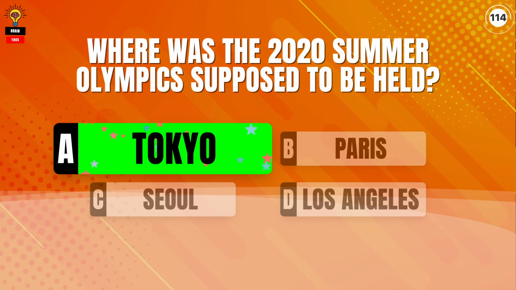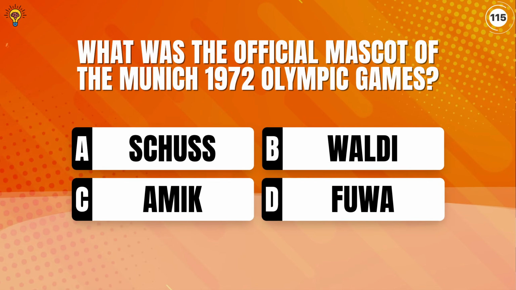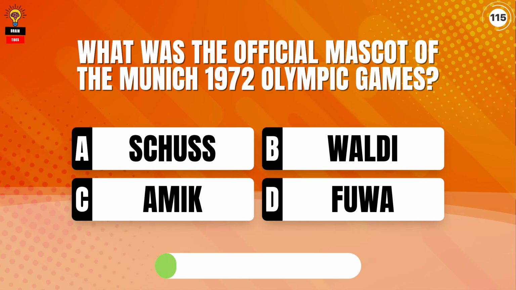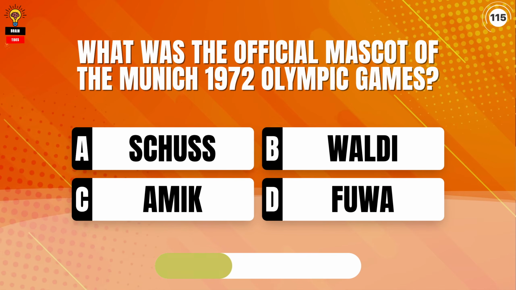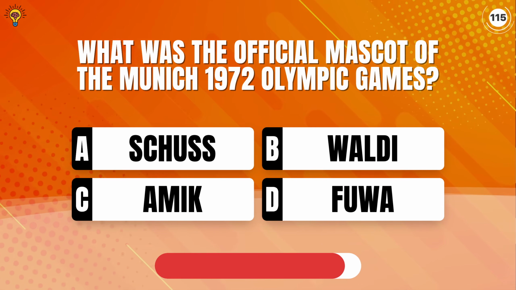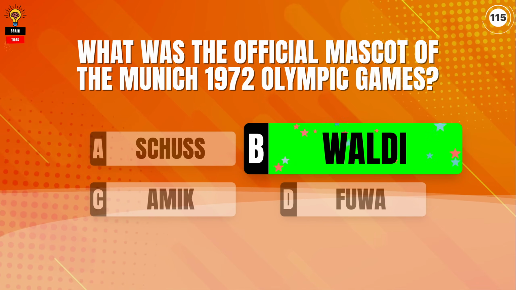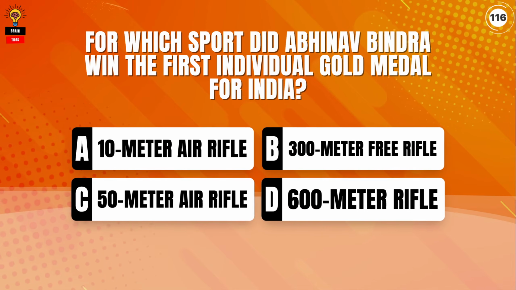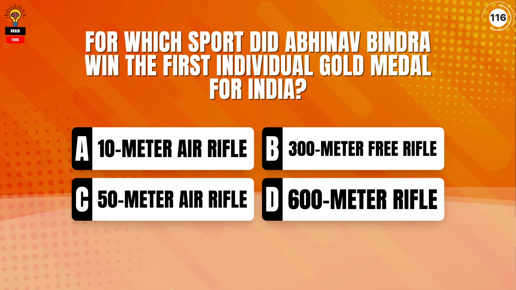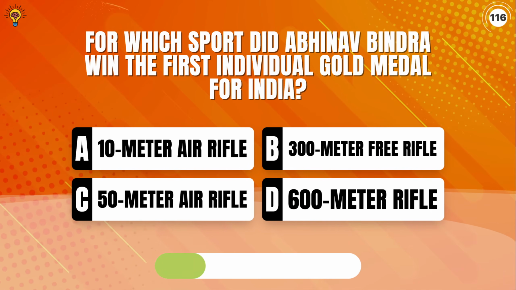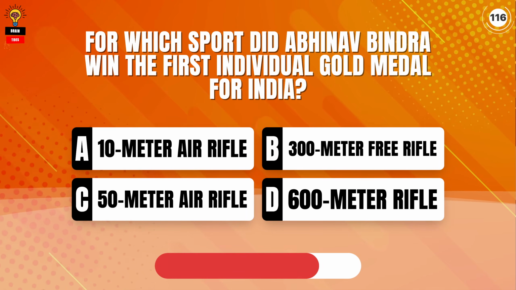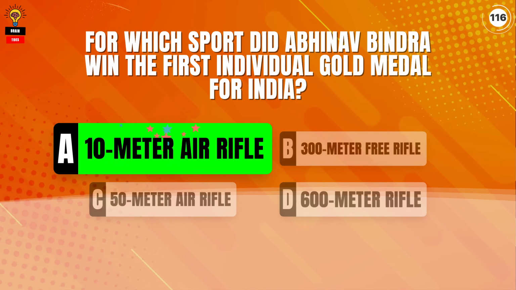Tokyo. What was the official mascot of the Munich 1972 Olympic Games? Waldi the dachshund. For which sport did Abhinav Bindra win the first individual gold medal for India? 10-meter air rifle.